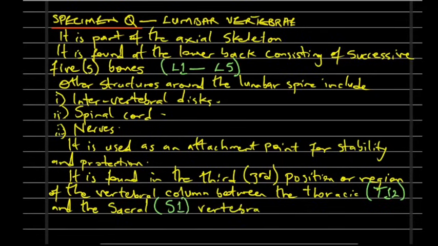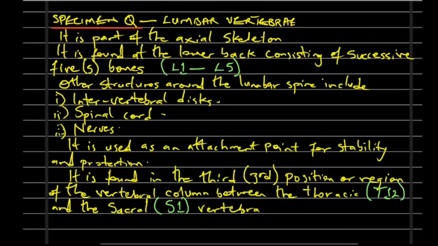That is where we find the lumbar vertebra. So the 5 lumbar vertebrae, the L1, L2, they come in after the T12. After the T12, you have the L1, L2, L3, L4, L5 before you get to the S1, which is the sacral vertebra. Then the sacral vertebra leads into the pelvic region. So that is basically what we want to look at on the lumbar vertebrae.